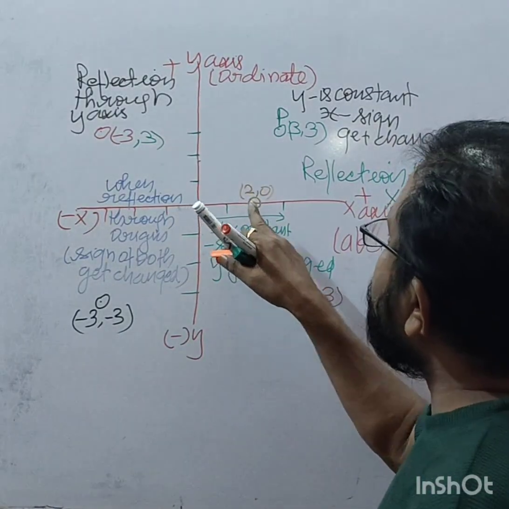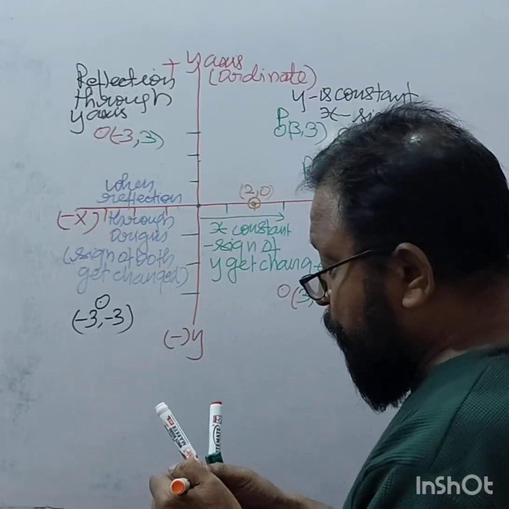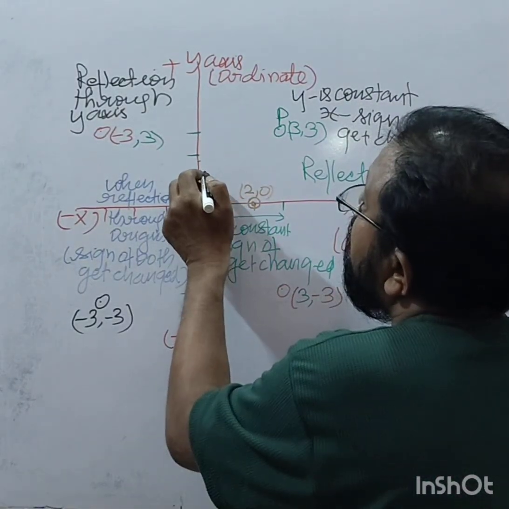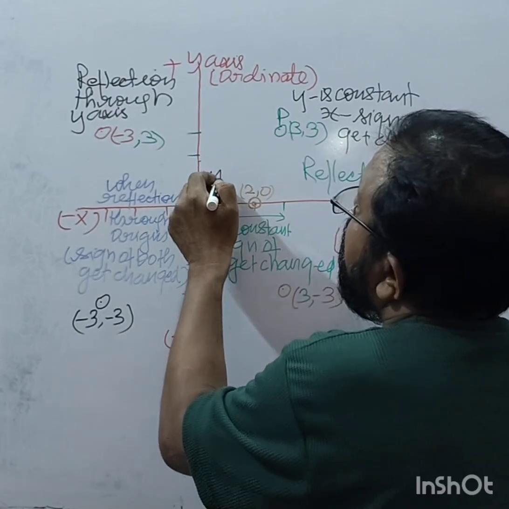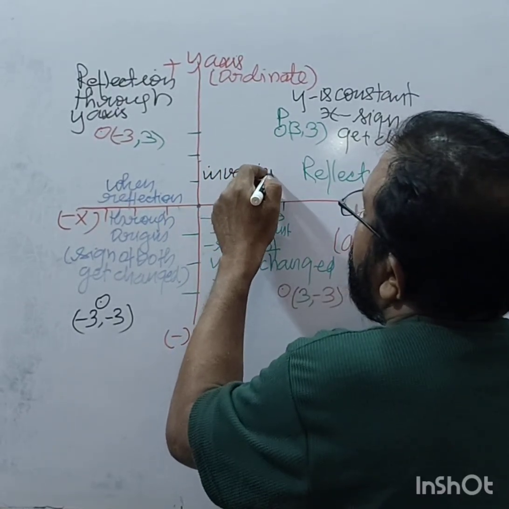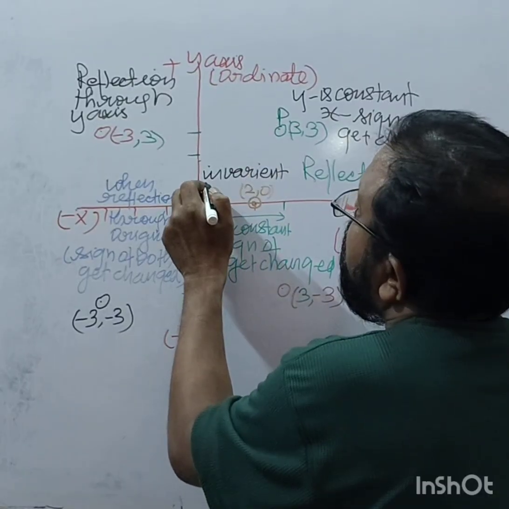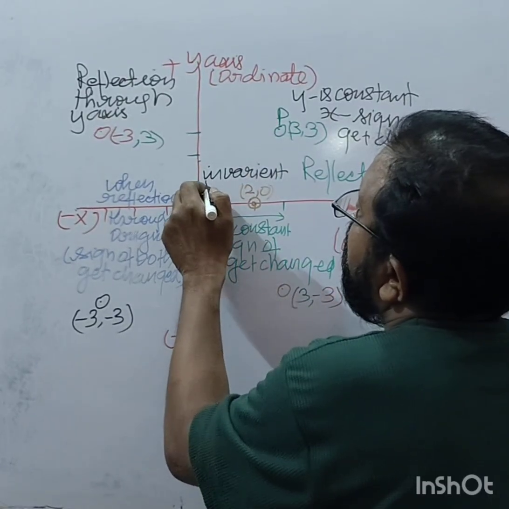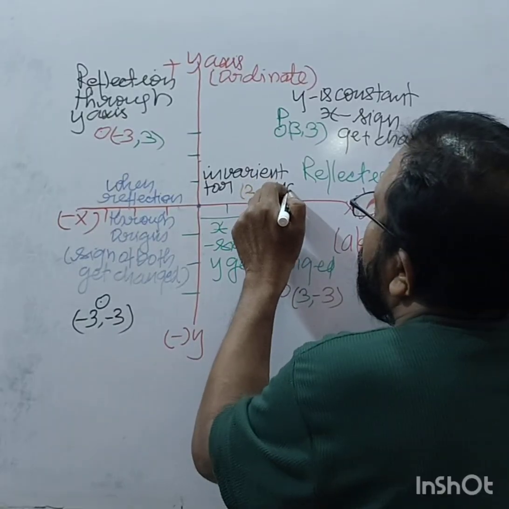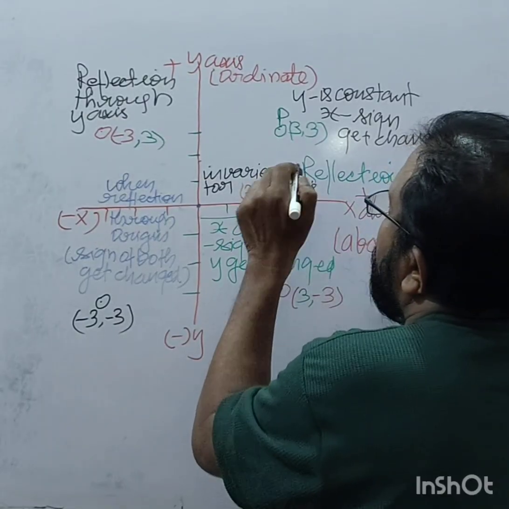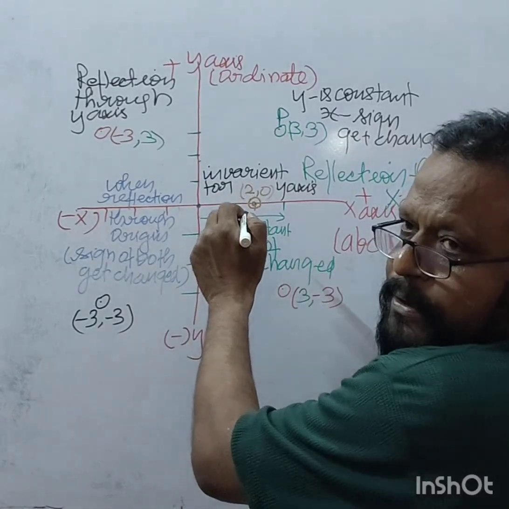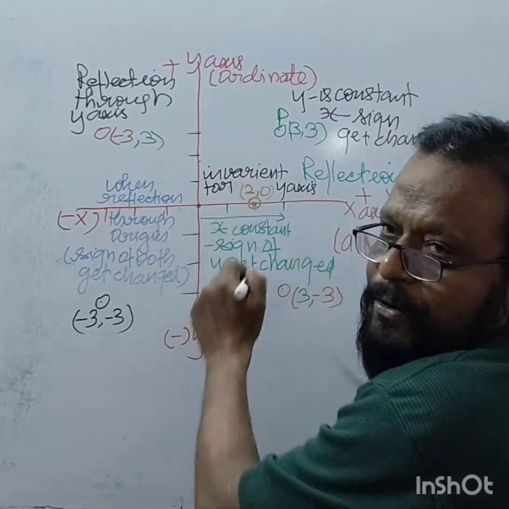This coordinate is invariant for the y-axis, because it is 0, so it cannot go up, it cannot go down.